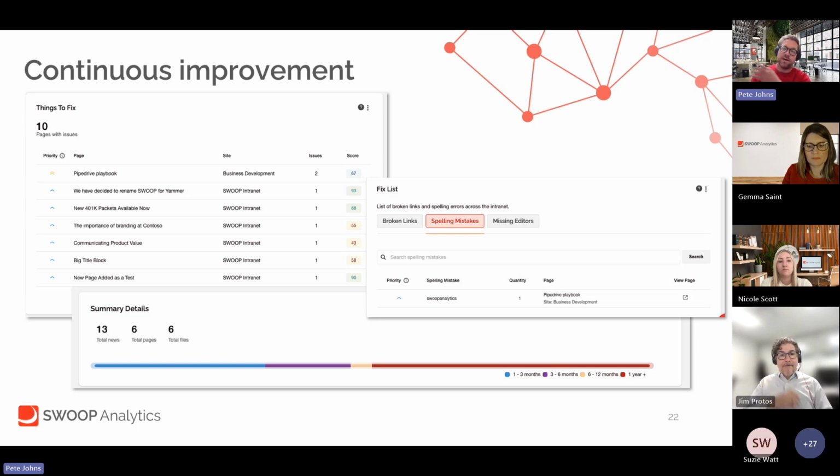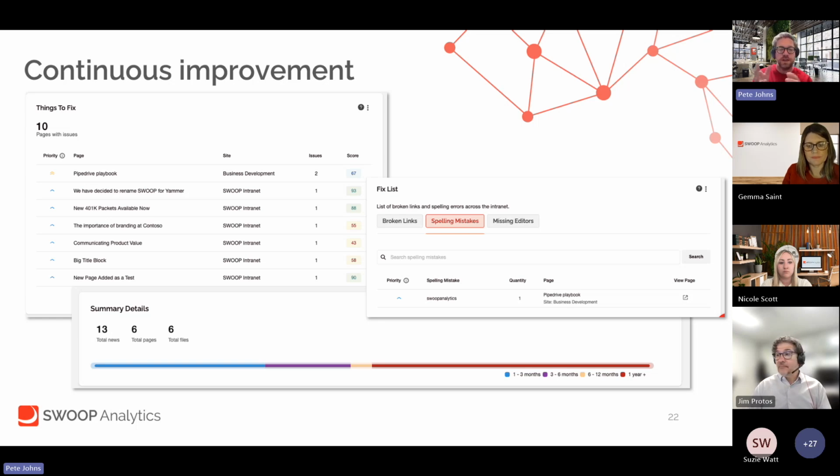So when we've got this health scoring, you could be looking at the whole of intranet level, and in a few clicks, you could see, if I've only got a limited time frame to fix something, if I fix that priority piece that SWOOP's telling me, this is a combo of the health score, the amount of issues on the page, and the amount of usage or the engagement with that page, I want to focus my energy on fixing that problem, because that's going to be the best use of the 20 minutes I have today.